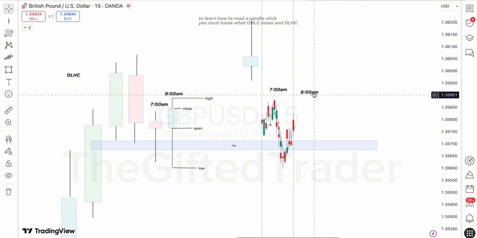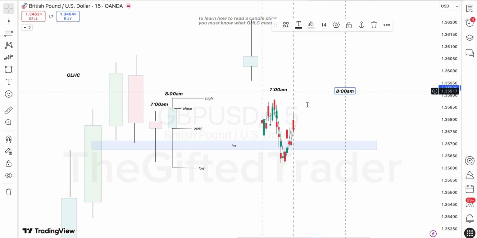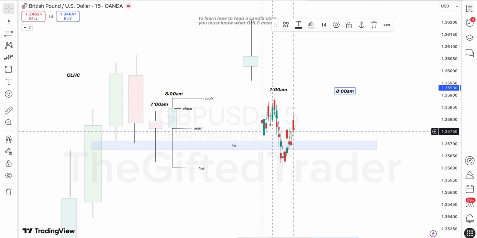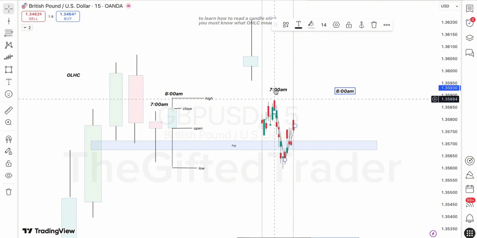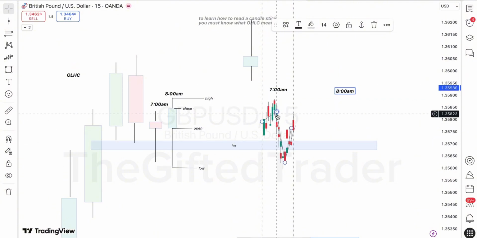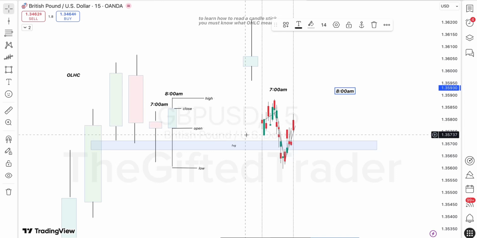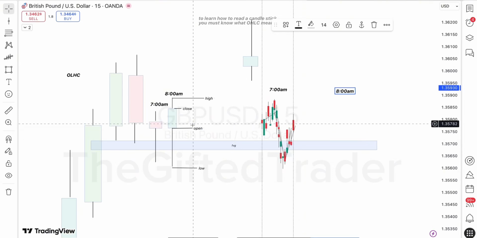Now, this whole side is how this 1 hour candlestick will look in a lower time frame. I'll show you guys a live example, but I want you to understand something. This 7 a.m. candlestick of a 1 hour candlestick here, this rejection, this is how it's going to look.